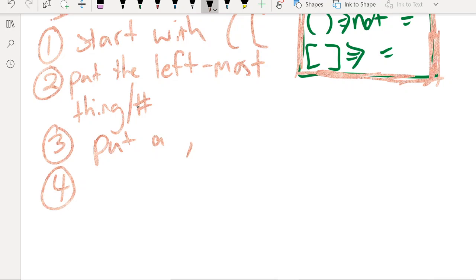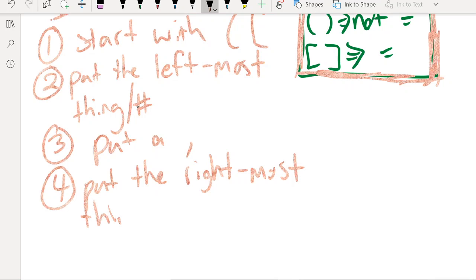Start with a parentheses or a bracket. Step 1. Step 2, put the leftmost thing or number. It could be negative infinity, which is not a number, so I just say thing to be kind of general. Number 3, put a comma. Number 4, put the rightmost thing, the thing that's most on the right, or number.